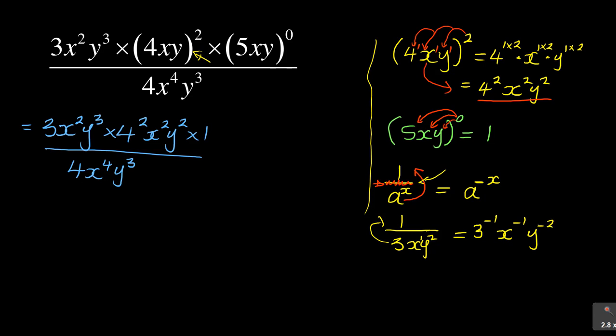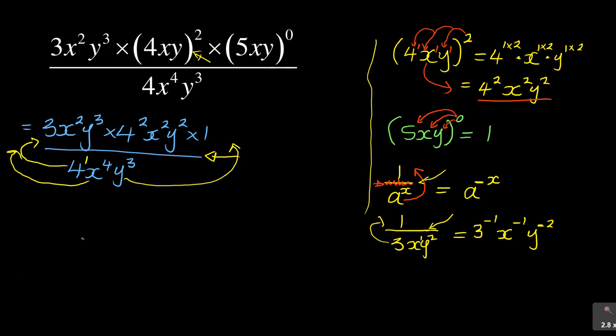So the negative sign is an indication that we have removed the division sign. We can do the same thing with our division sign here. I have a division sign and I want to remove it, and 4 is to the power of 1. So I'm going to take 4 to the top, I'm also going to take x to the top, and y to the top.